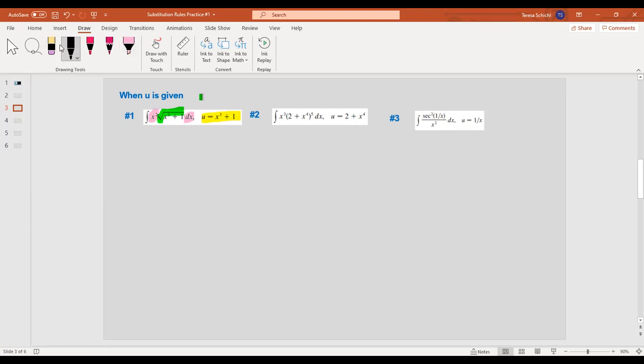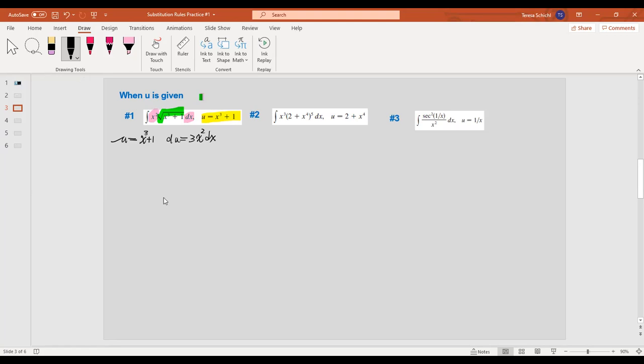Now let's see if we can rewrite this integral and transfer everything inside the integral sign by using this substitution. We have u equal to x cubed plus 1, right? And then we take the derivative of both sides. So we have du equal to 3x squared dx.